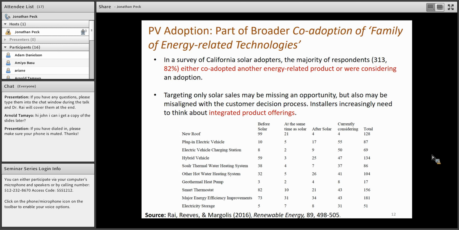And so understanding what those needs are is going to be relevant, and increasingly seems like it's moving in the direction of integrated product offerings to satisfy those needs and bring home the point and understand the customer's needs of what that array of things is that they are interested in, and not just solar, right?